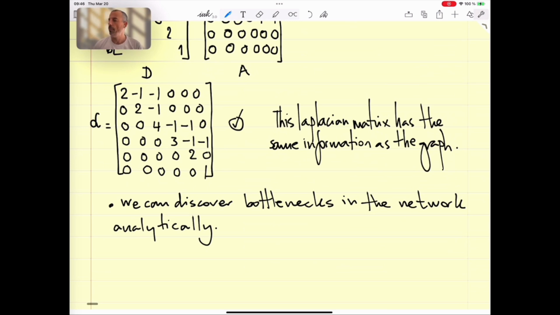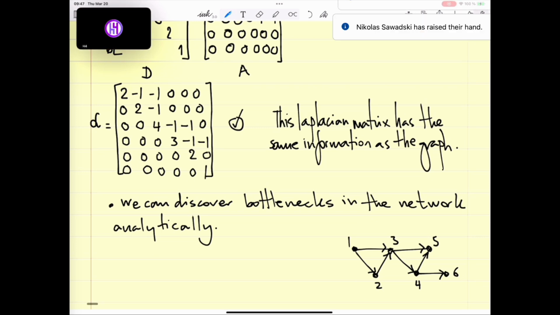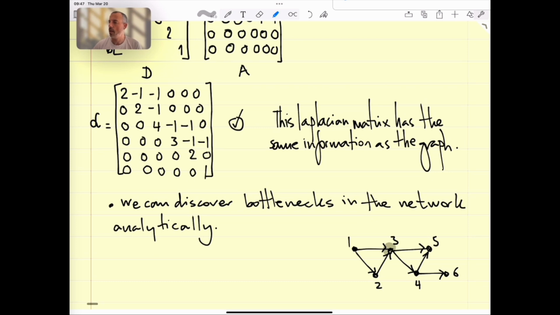So if I would ask you what is the bottleneck of this network as we have it, what would you say? What is the bottleneck of this network? Three is a bottleneck. Why?